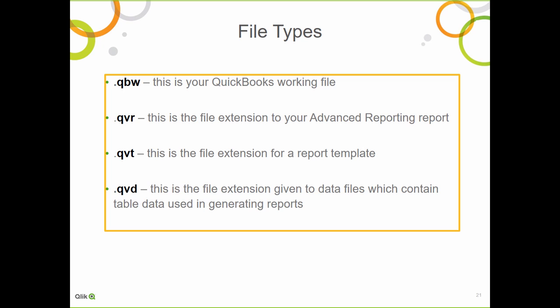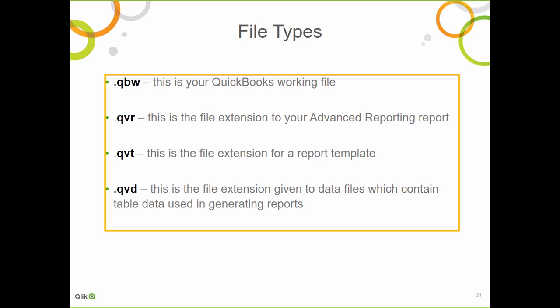The first file that's listed there is the QBW file. That's your QuickBooks working file. And again, keep in mind that when you're using advanced reporting, there will be a folder called your company name, advanced reporting, for every file that you use advanced reporting on. So if you have multiple files in the same location, you're going to have multiple folders with their different company names that have advanced reporting listed after that.